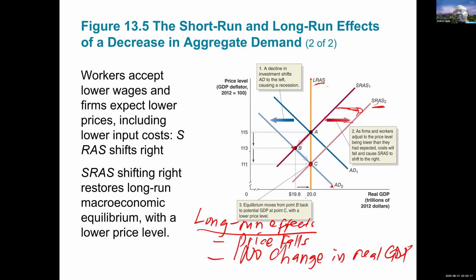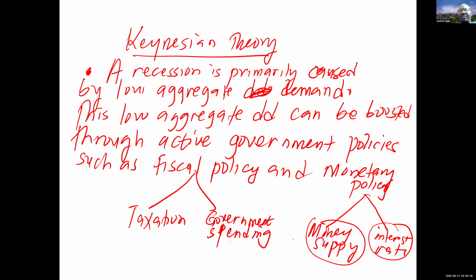So what is the main philosophical difference? I think I need to draw them side by side for you to see what I'm talking about. The philosophical difference between using a Keynesian approach or a classical approach to closing a recessionary gap.